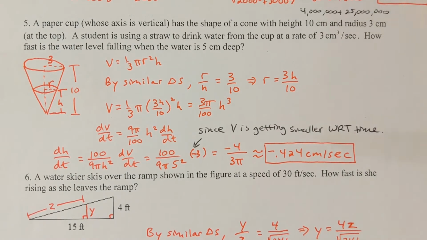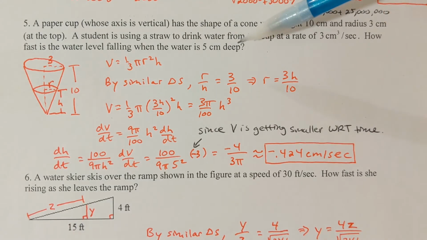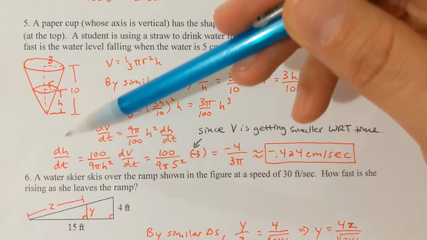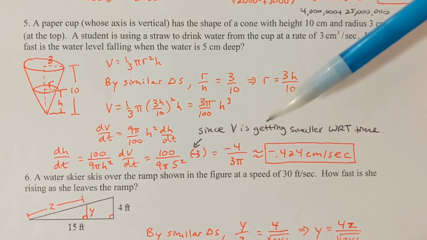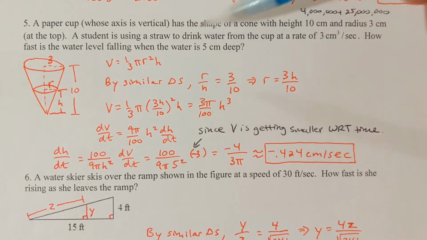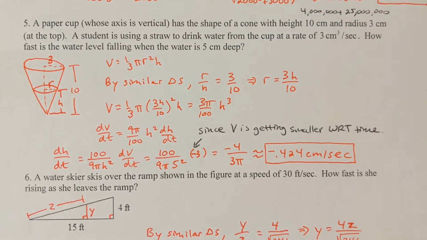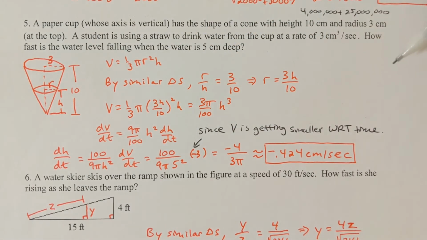We want to know how fast is the water level falling when the water is 5 centimeters deep. The water level falling means that we'd like to know how h is changing with respect to time t. So we'd like to know dh dt. h is getting smaller because the student is drinking water from the cup. So dh dt is going to be negative. That's something that I'd want to know early on, like I said. I'm going to get some negative number here in this problem.